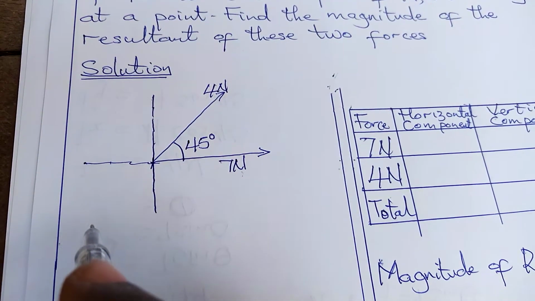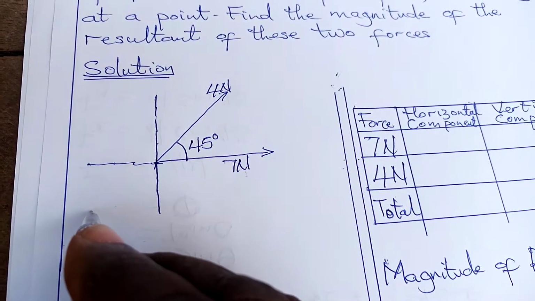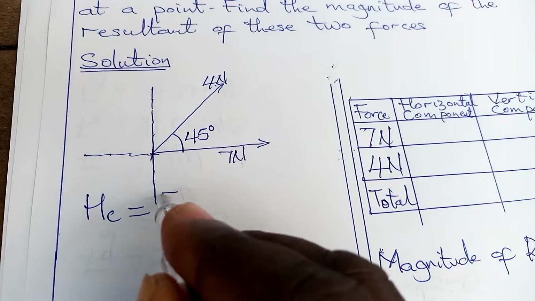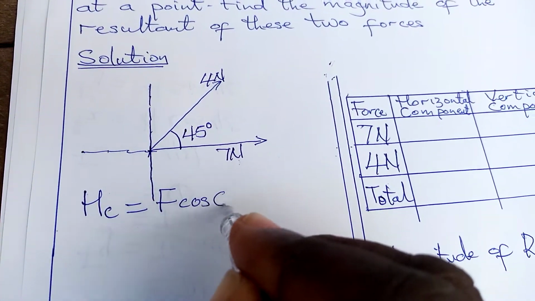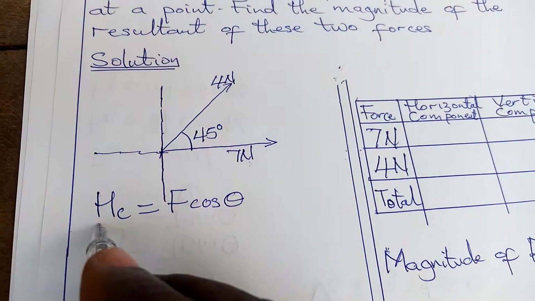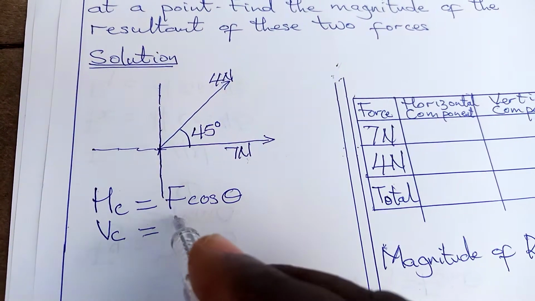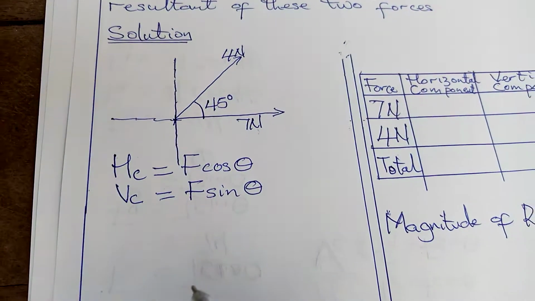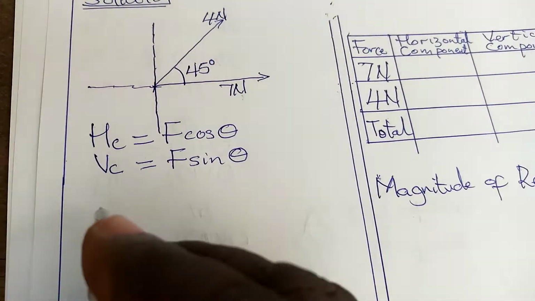And earlier in this lesson, we have established that the formula for horizontal component is F cos theta, and the formula for vertical component is F sine theta. So at this point now, let's start solving.